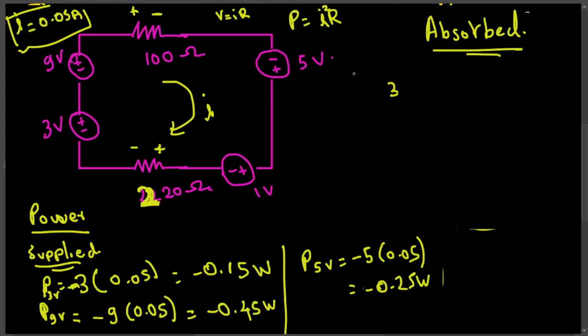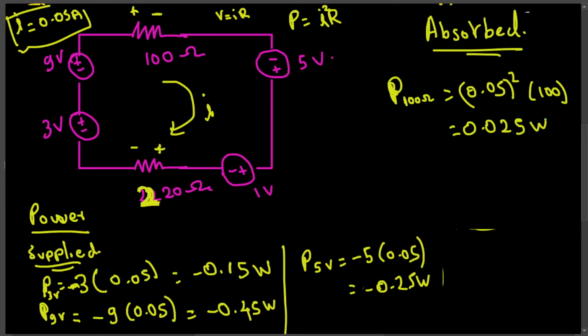This is another equation for power derived from the Ohm's law. So if we calculate the power across 100 ohm resistor, then I square is 0.05 square times the R, that is 100, and that's gonna give us 0.025 watts.